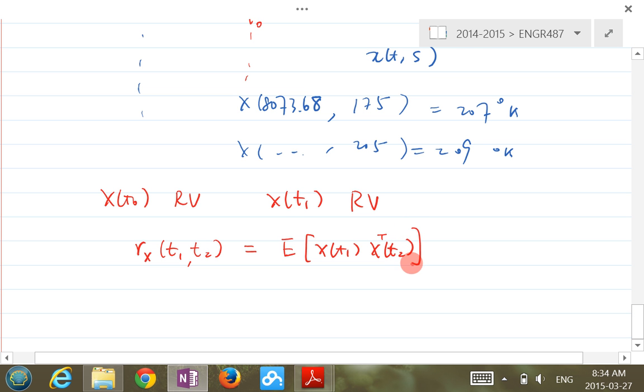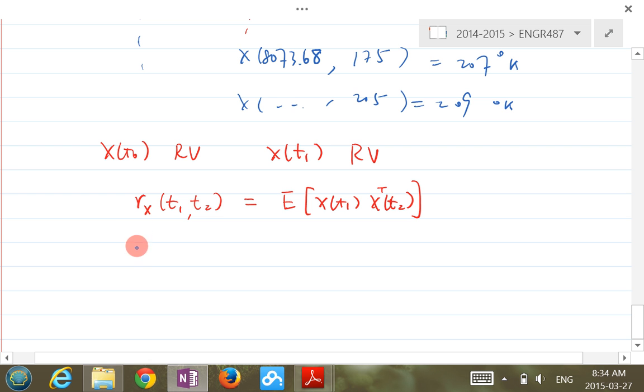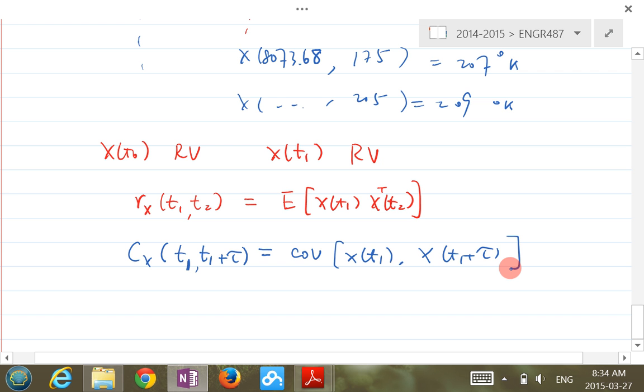The same applies to covariance, for the moment t1 and a shifted t1 plus tau. So we can have the covariance of x t1 and x t1 plus tau.